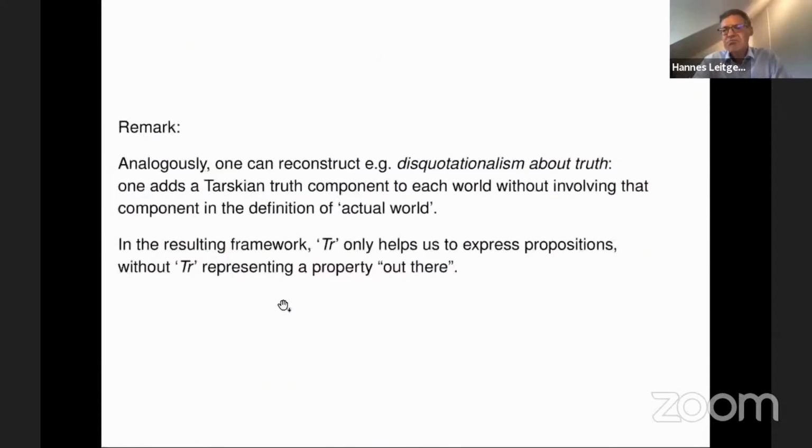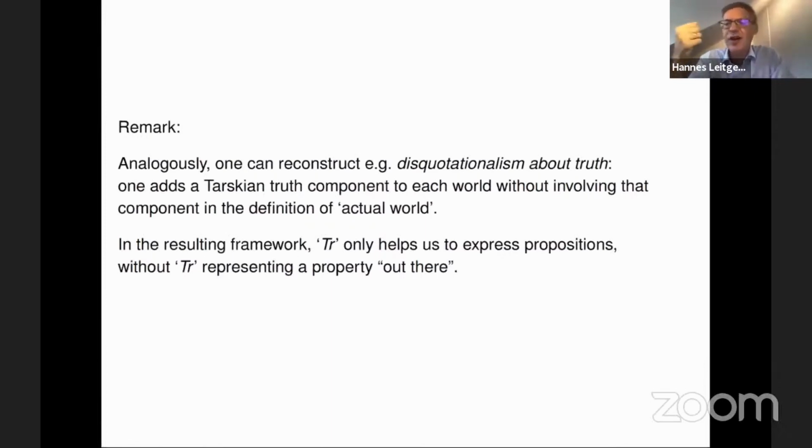Okay, now that's for bachelor. Really, ultimately, we do not care so much about bachelors. But say, here's another application. Say you're a disquotationalist about truth. Okay, so then you might think that the truth predicate is just a handy device that helps you to express certain propositions. Okay, maybe you couldn't express them otherwise.